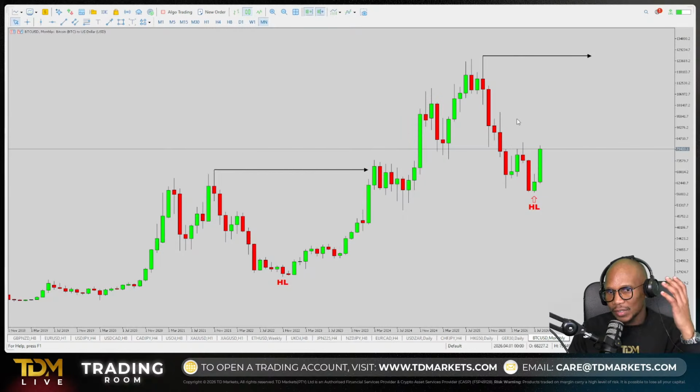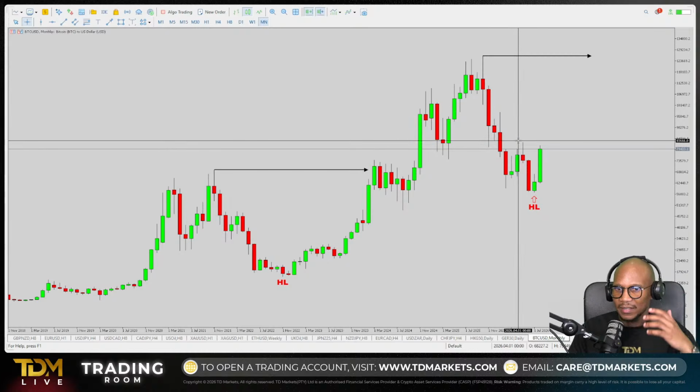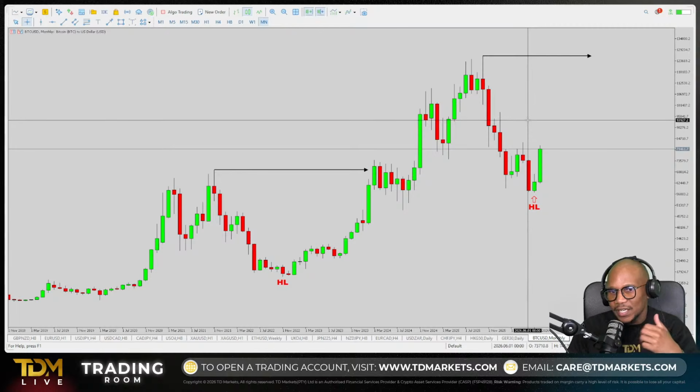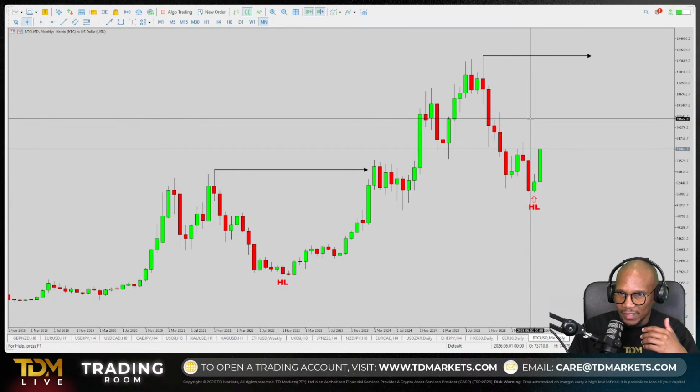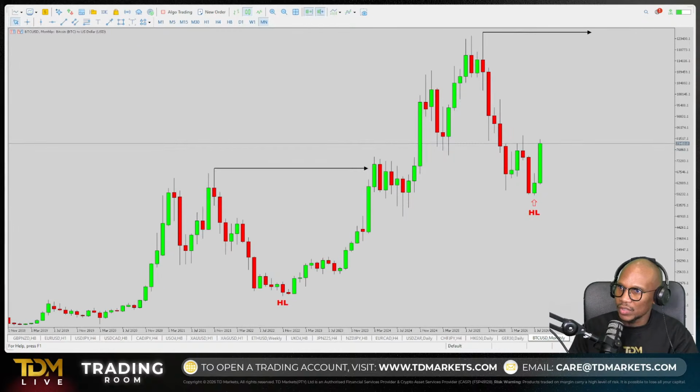And how institutions are now dominating the markets. Retail has never dominated the markets though, but the idea was now there's more institutional adoption, all right? Hence we are able to see the crypto ETF.